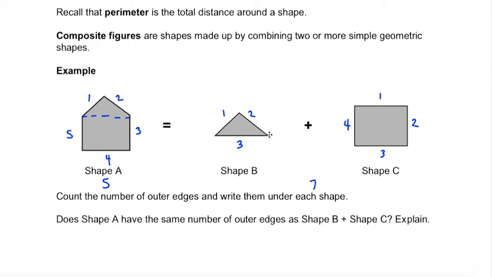So side 3 for the triangle is the same as side 1 in the rectangle. But those are also going to be interior sides. So they actually don't fall on the outside of that perimeter. So that's why shape A is not going to have the same number of outside edges as the 2 individual shapes added together.